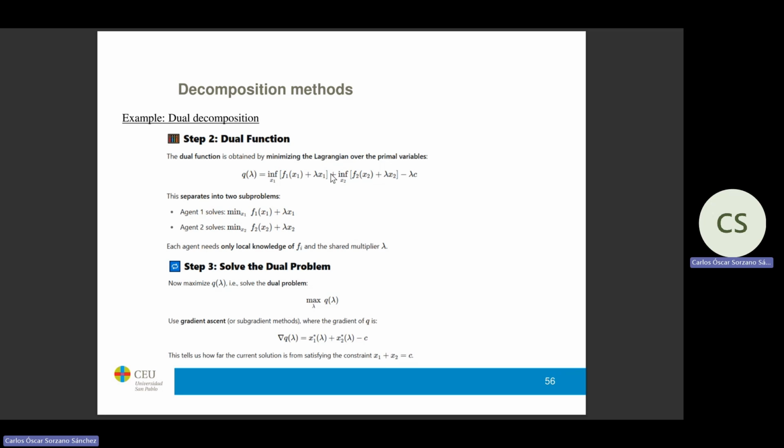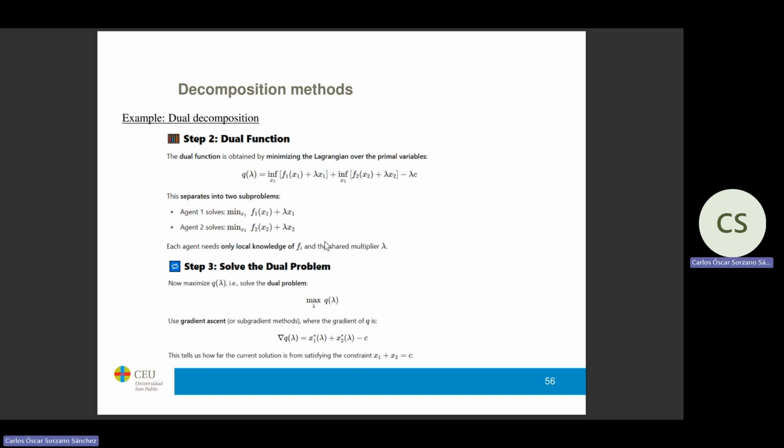Now, if you think in a distributed system, this problem will be solved by one agent, and this part will be solved by another agent. The only thing that the agents need to know is lambda, because this thing only depends on lambda and x1, and it is minimizing on x1, and the same for this one. So once you give lambda, this agent can solve its problem, the other agent can solve its problem, and they can be done in parallel.